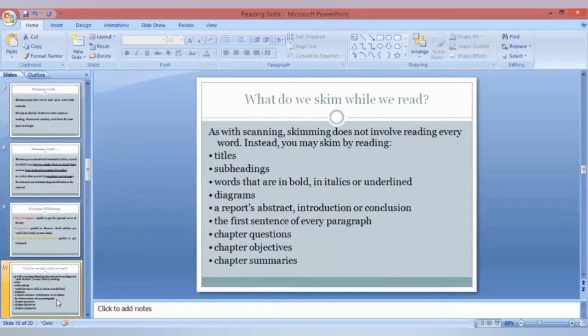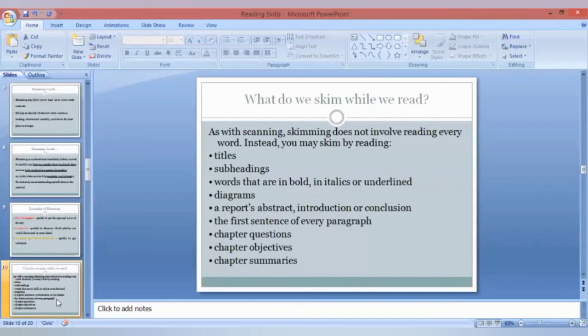Instead, you may skim by reading titles, subheadings, words that are in bold, in italics, or underlined, and then diagrams, a report's abstract, the summary given at the beginning of a report, introduction, which is another section of the report, or conclusion. These are different sections of a report, of an essay, or of a research article, for example.